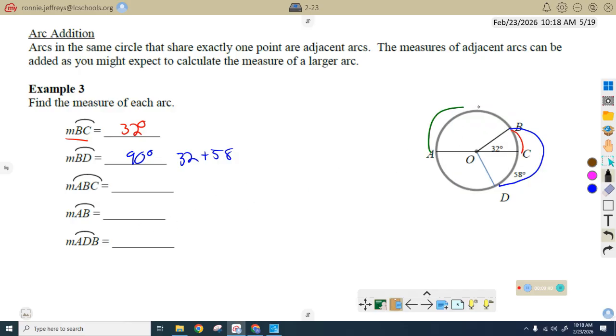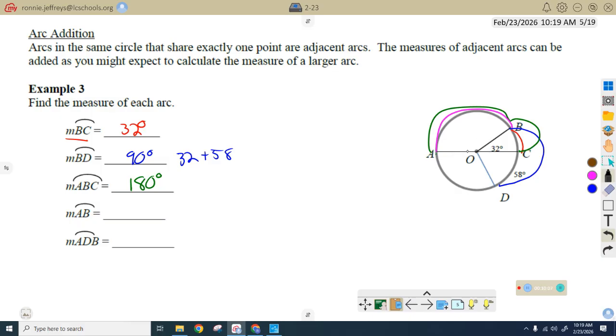ABC. This is half of the circle. It is a semicircle. So that would be 180 degrees. Minor arc AB.